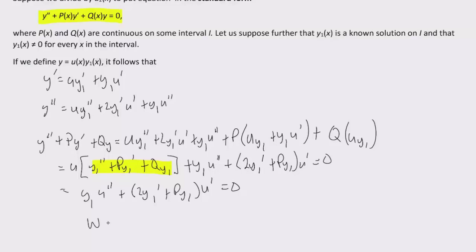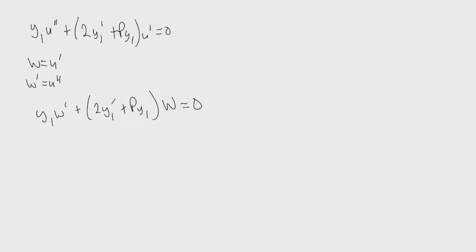If I do a quick variable swap and set w equal to u prime, then w prime is equal to u double prime. Then I'm going to copy this over so I get a little more space. Copied that over, and I did the variable swap, and now the question is, what are we staring at?